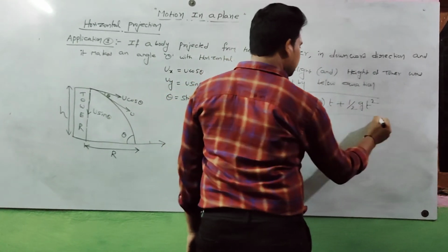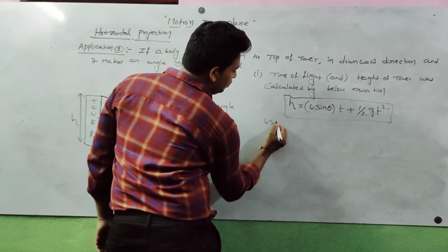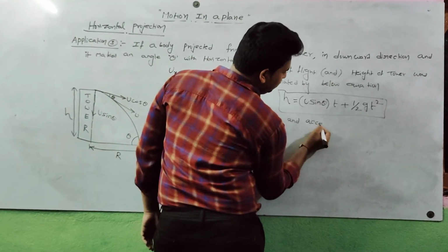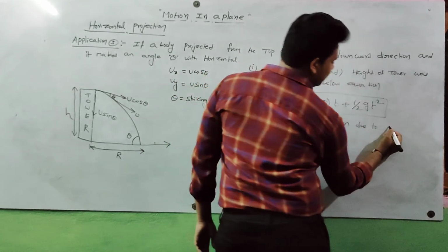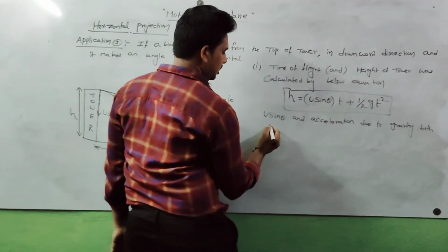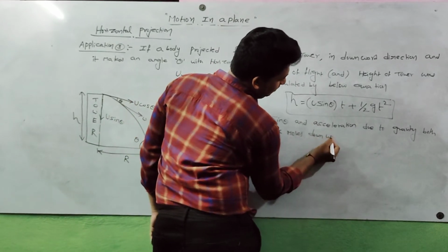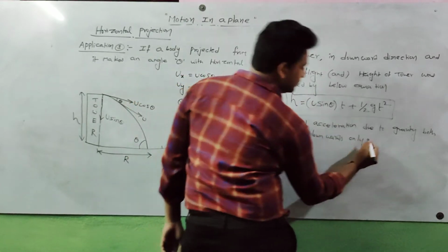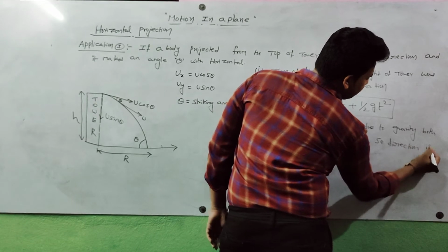So this is a formula. Because here u sin theta and acceleration due to gravity both move downwards only, the direction is the same.